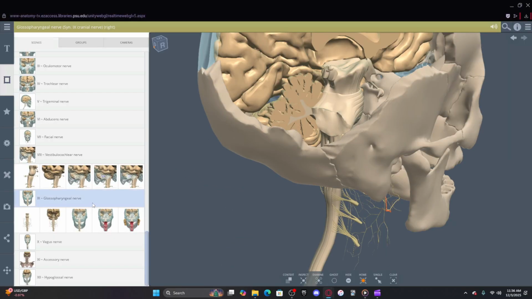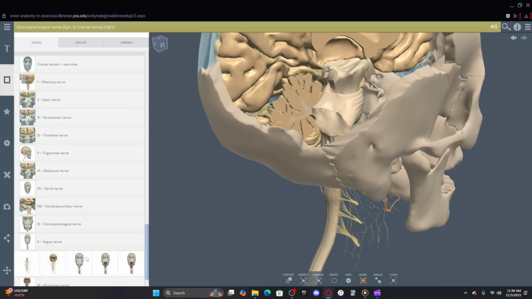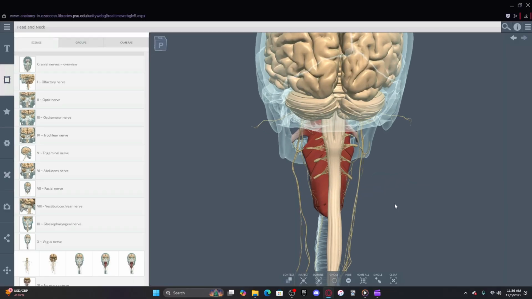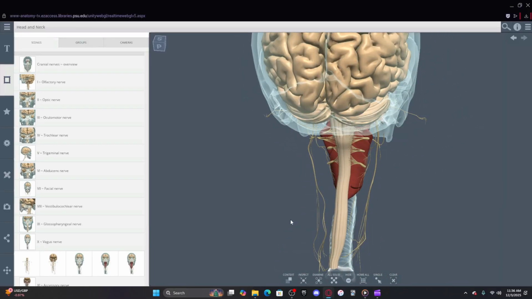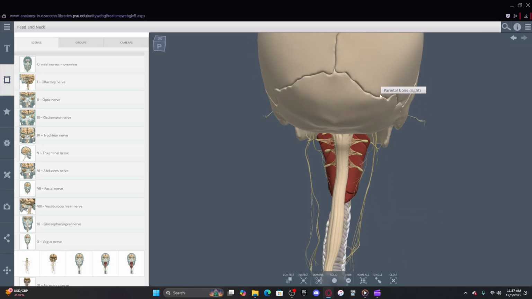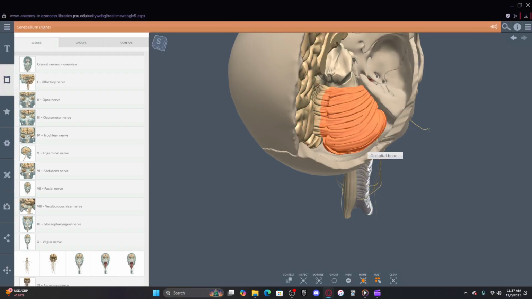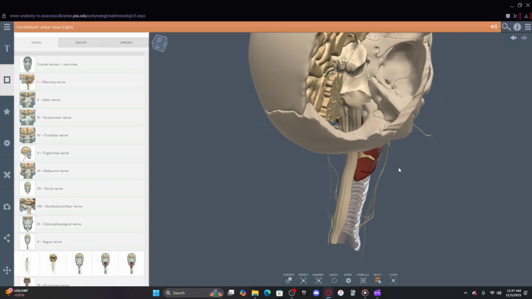Now we're going to look at cranial nerve number 10, the vagus nerve, so the wandering nerve. Cranial nerve number 10 is going through the jugular foramen as well.